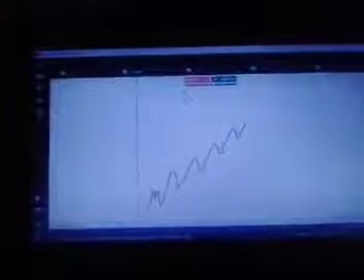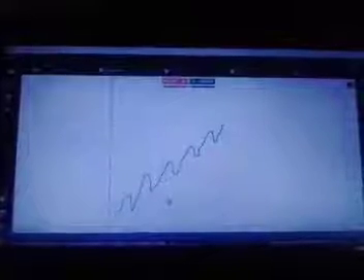So this is just a basic example of an uptrend, where the market is making higher highs. Delete that. Market is making higher highs and higher lows.